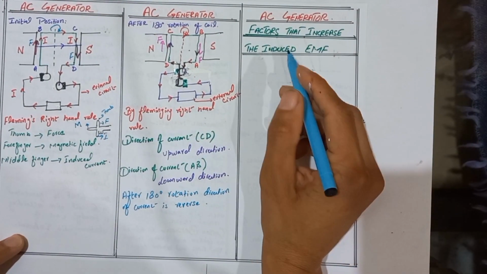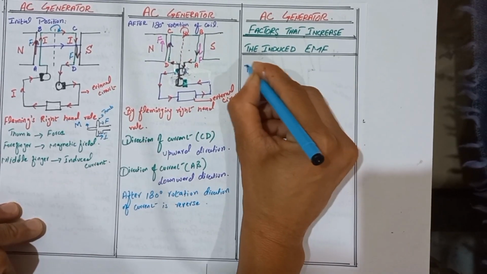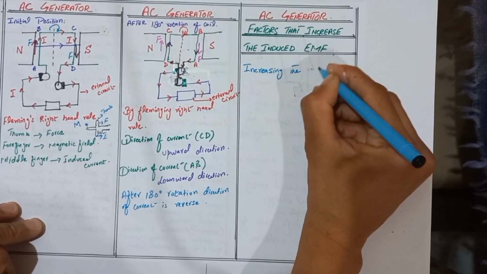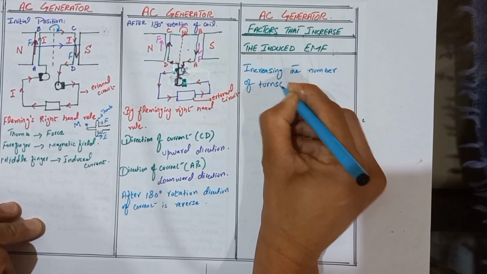Now we discuss the factors that increase the induced EMF in an AC generator. The first factor is increasing the number of turns.